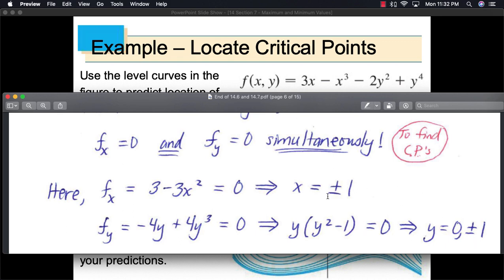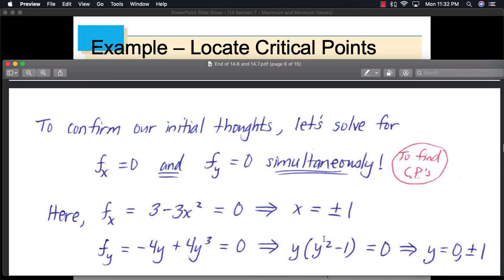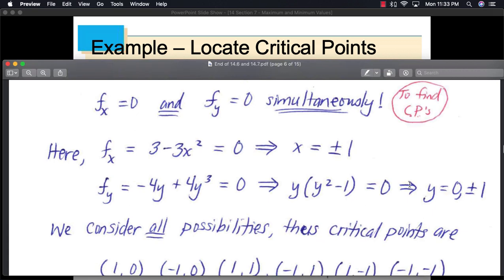So there are a lot of numbers here: plus or minus 1 for x, and 0 or plus or minus 1 for y. This is where it gets more complex and we have to be patient. Whatever values of x and y you discover, and this is very important, you must consider all possibilities and all combinations using these numbers that we found.